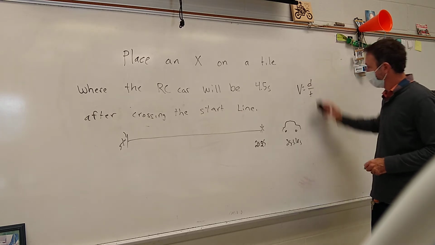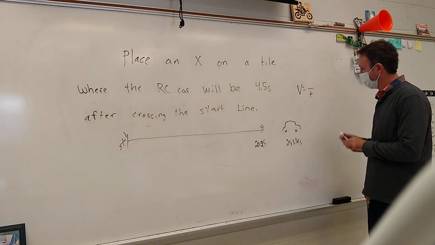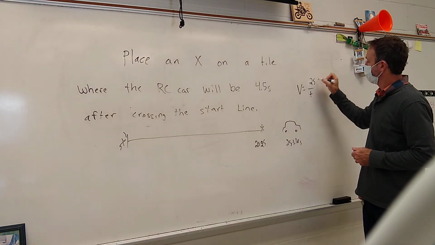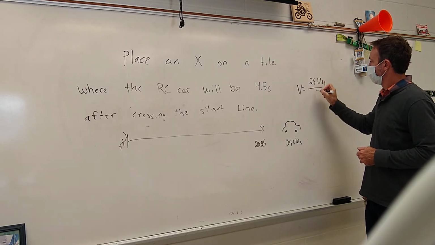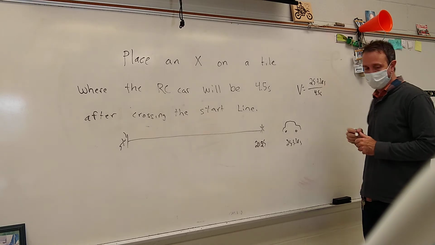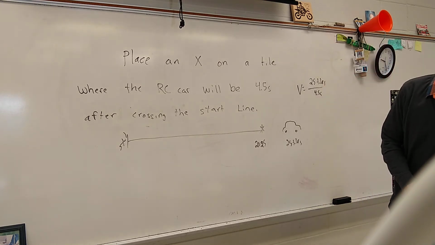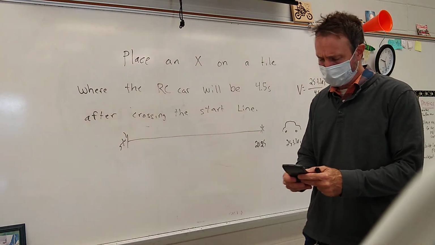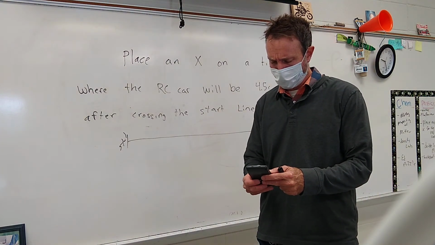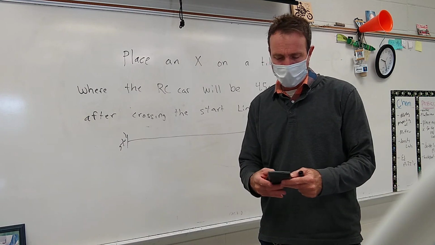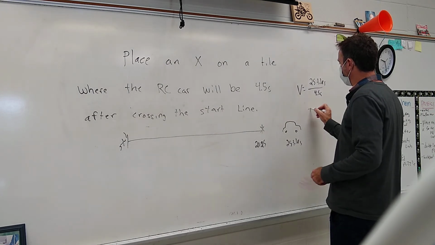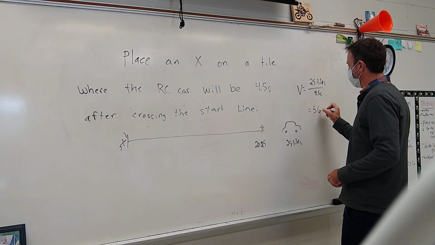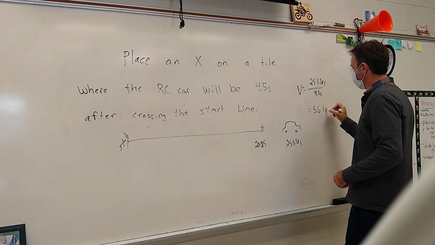So very simply, we would say the car went 25 tiles in 4.5 seconds. You take your calculator. You say 25 divided by 4.5, and the actual velocity of the car was 5.55, or we'll round it off to 5.6 tiles per second.